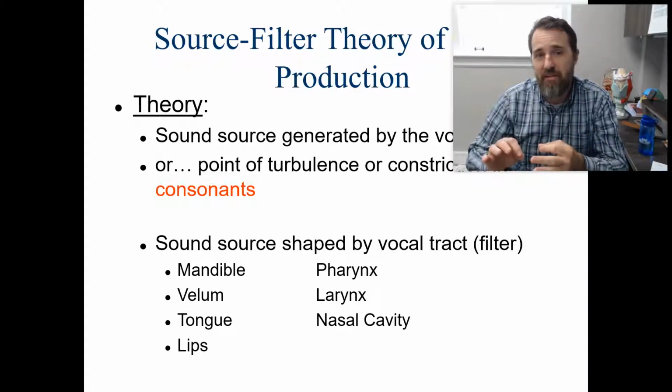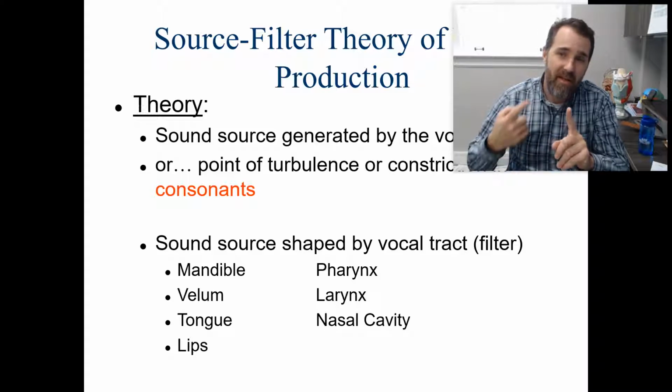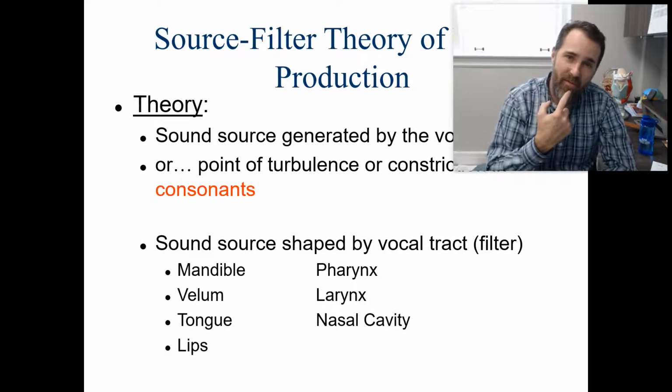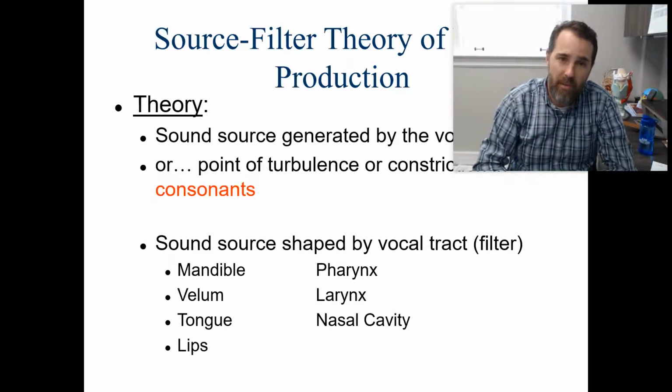So when I produce the Z phoneme, I have two sound sources: the voice, the phonation at the vocal fold, and that point of friction between my tongue and the alveolar ridge.